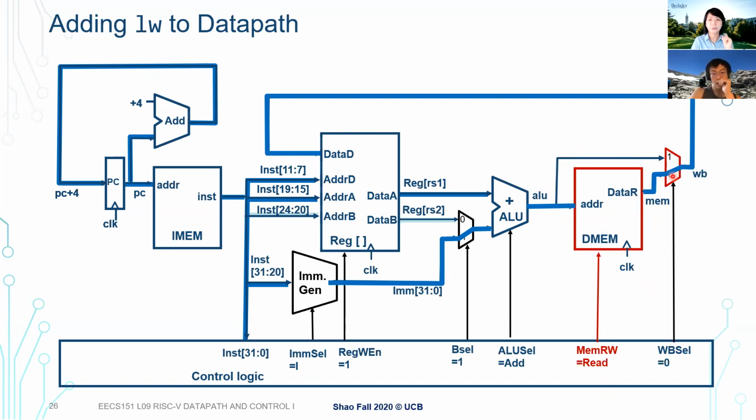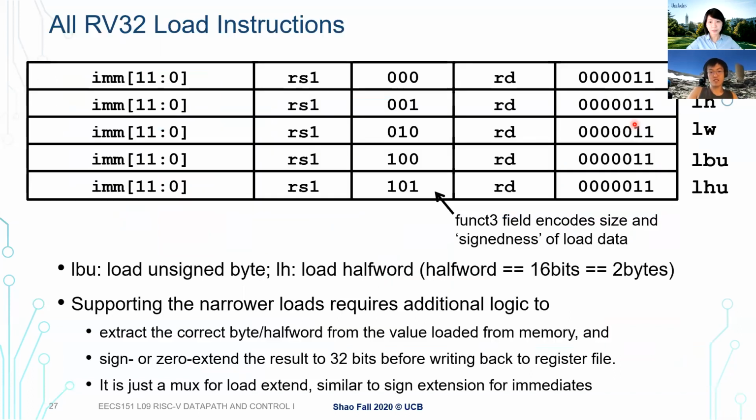When you are doing a load operation, we are using the value from the memory to do the write back. So that is the data path we need to support the load operation. Again, it's still an I-type instruction, just with a different functionality.